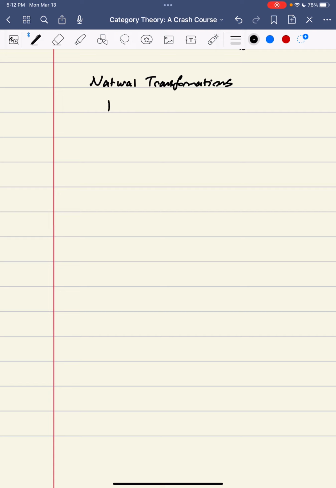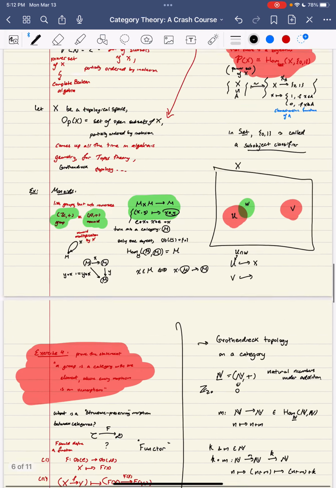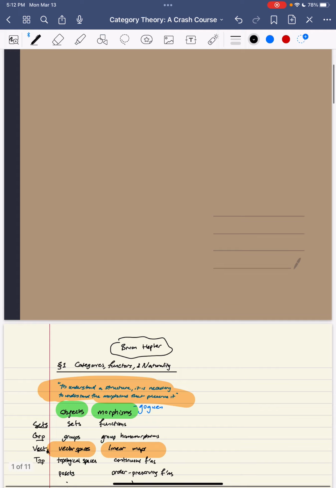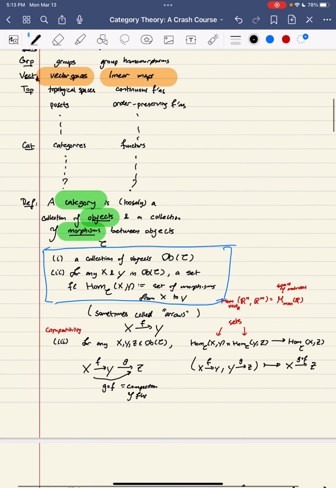So if I have two categories, C and D, and I have two functors between them, let's say G and F, well, just like we had for this central motivating thing for category theory, was given any kind of structure, I want to look at the collection of all structures of that form.